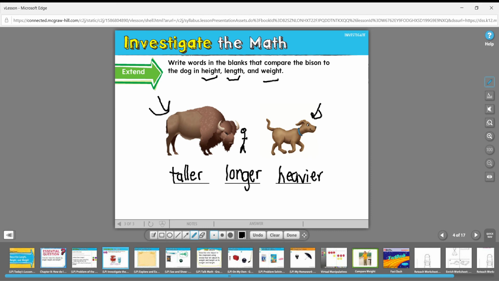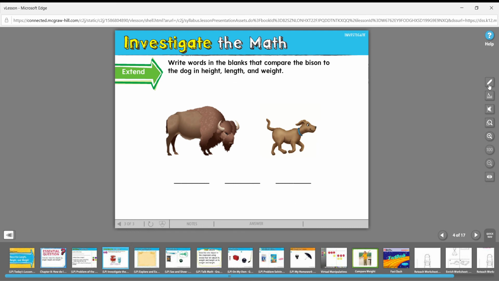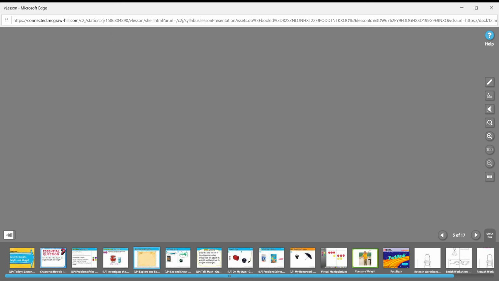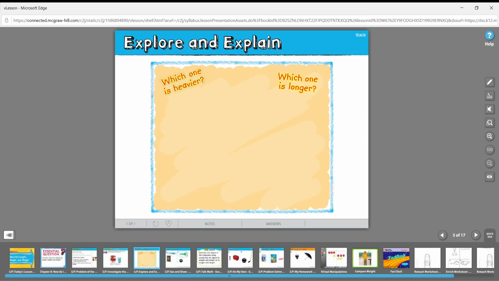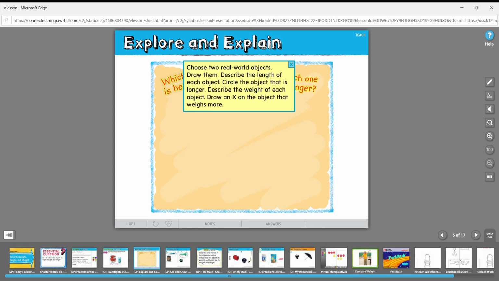Okay, so now we're going to go on to what you have in front of you. On the front of your packet, there are some things we're going to do. So let's read the directions. You are going to choose two real world objects.